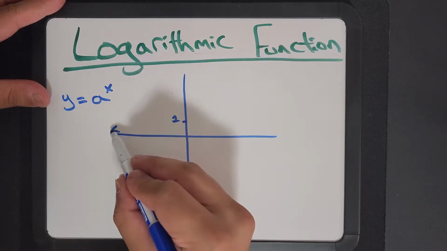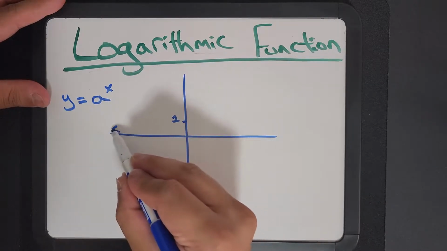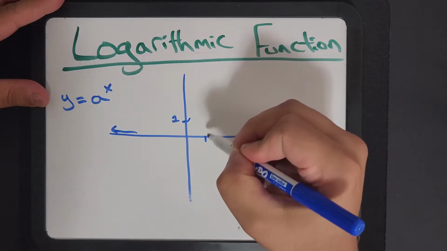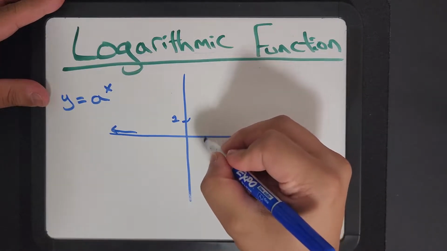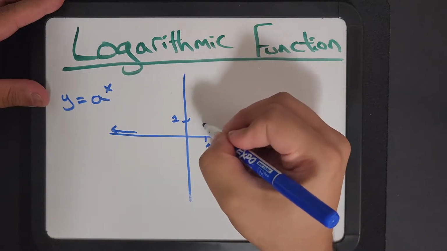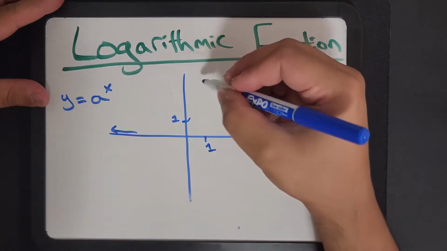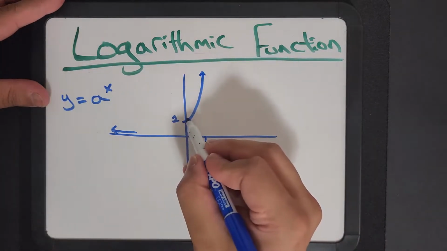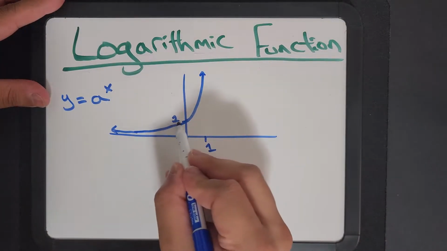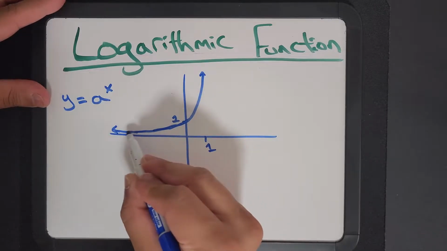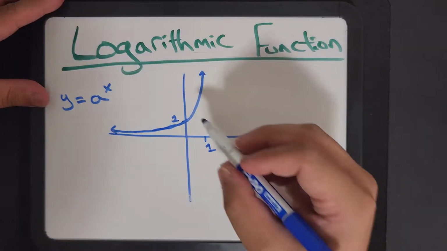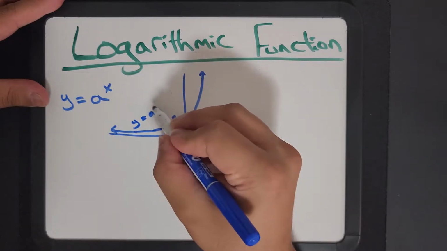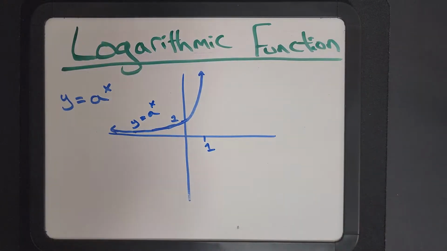We have an asymptote, that is this axis. So this will forever go like that, cross 1, and forever go like that. This line right here is our y equals a to the power of x.